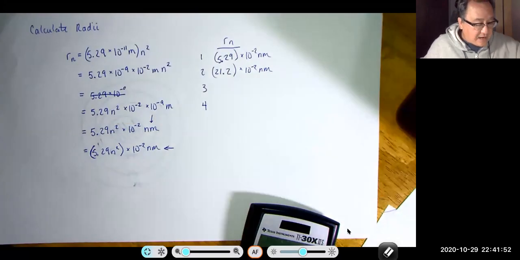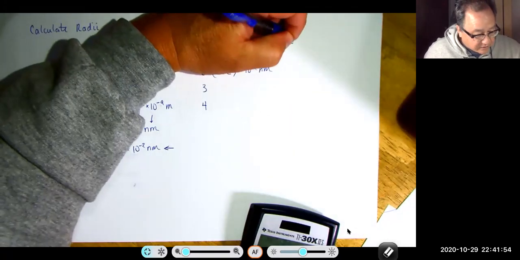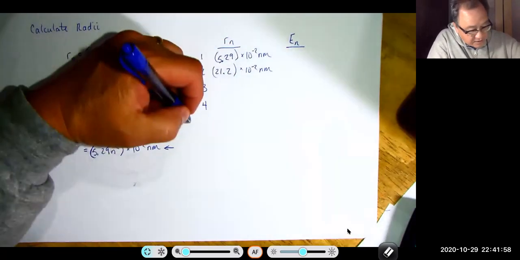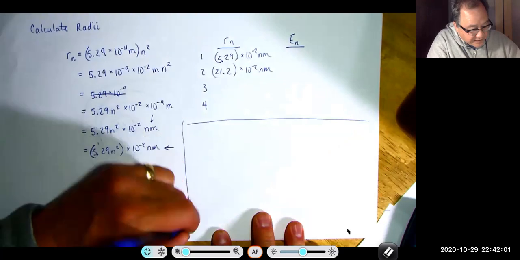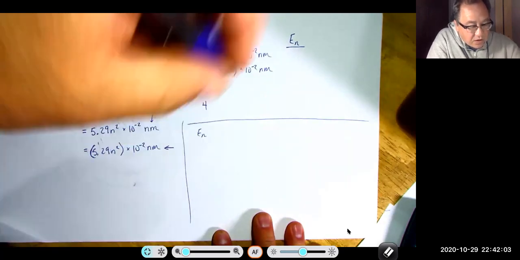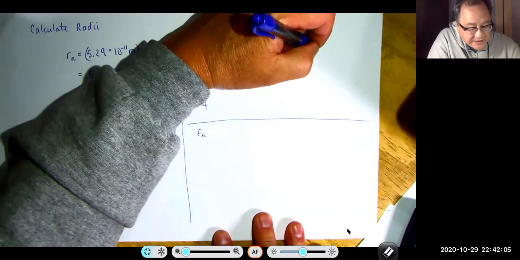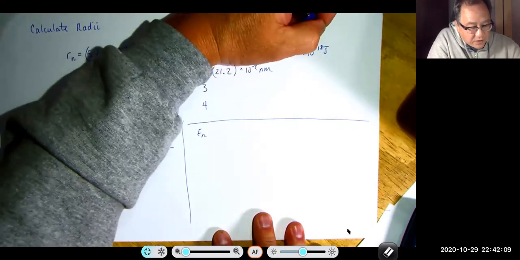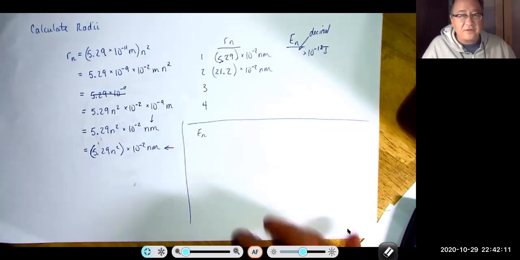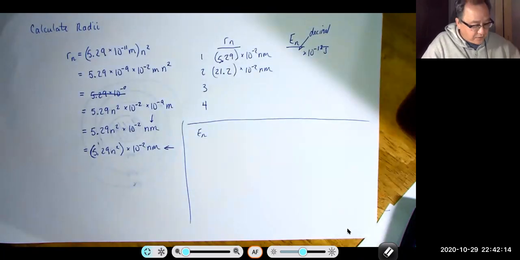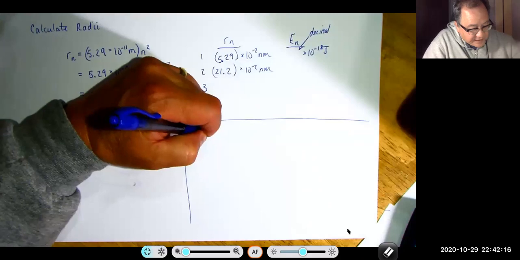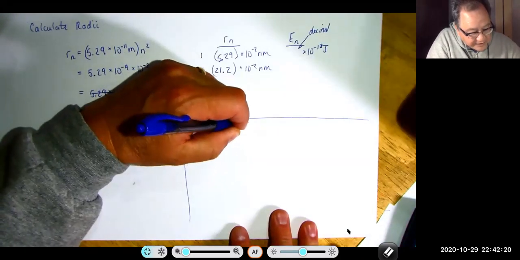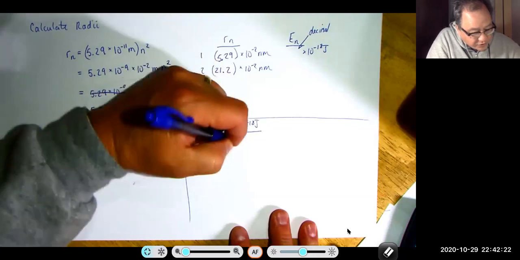Okay? Now, what about the energy of the nth level? We can do the same thing. So here, down in this box, I'm going to put the energy of the nth level. Now we want all of these to be times 10 to the minus 18 joules. And we want this part here to be decimal form. We don't want it to be in scientific notation or anything like that. So what we're given for the energy is minus 2.18 times 10 to the minus 18 joules over n squared.